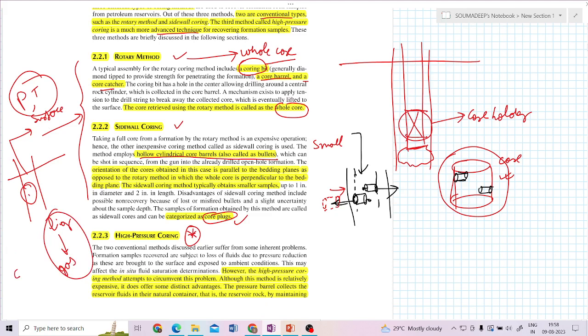The composition of the surface sample will not be equal to the composition of the reservoir sample at reservoir conditions. So this is a great problem. Now, high pressure coring solves this problem.